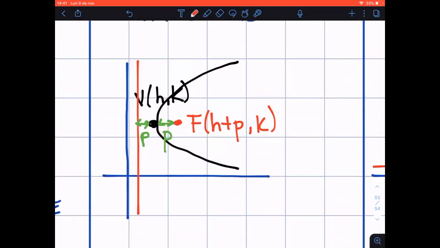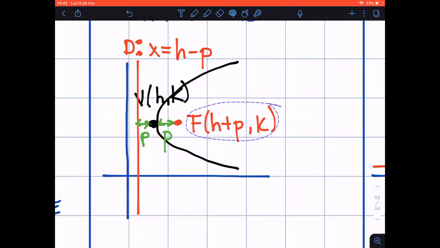What happens with the directrix? Now the directrix is a vertical line that crosses the x-axis, right? So the equation will be x equals h minus p. The contrary to the x coordinate of the focus.